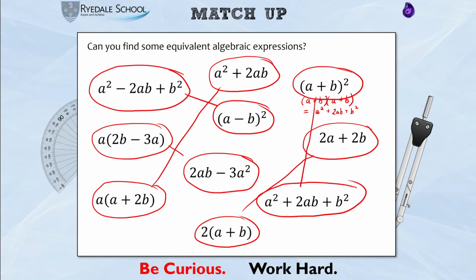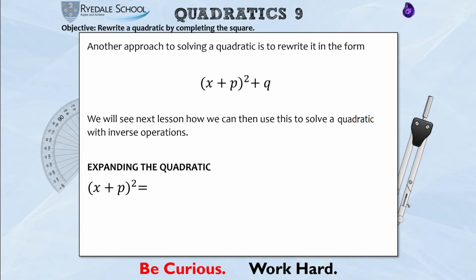Now, one of the reasons why we've started with this as a little activity is because this process of completing the square is how we write a quadratic equation in an equivalent way. So I hope you've been able to print out the sheet for today's lesson, but don't panic if you have been unable.